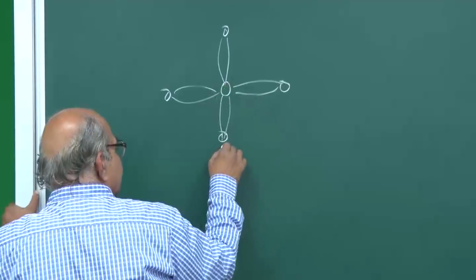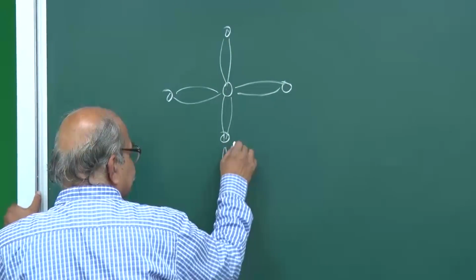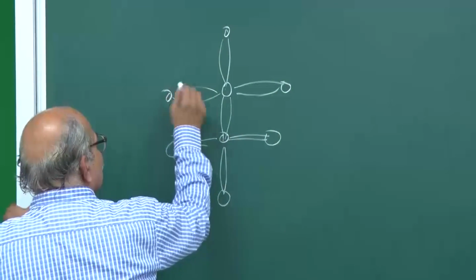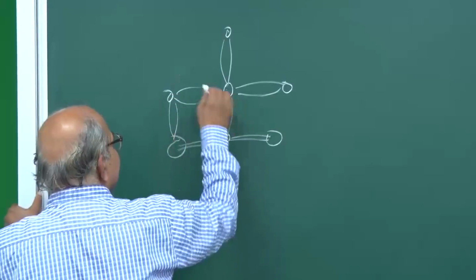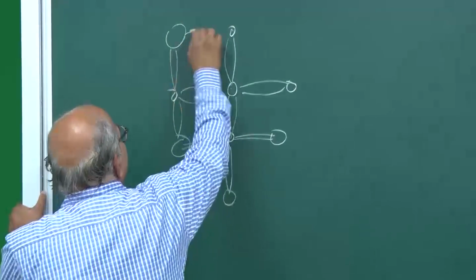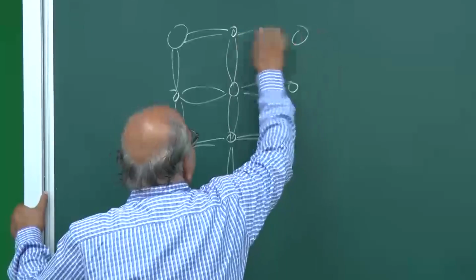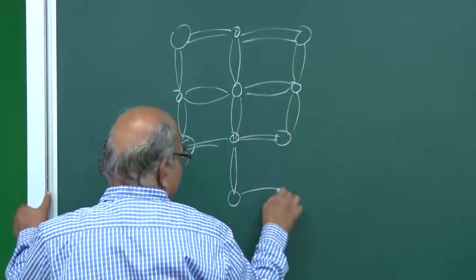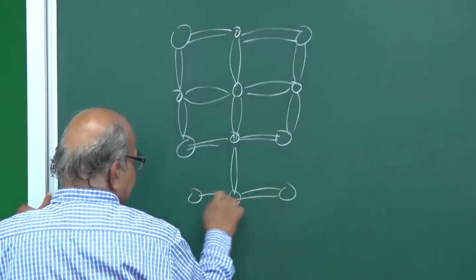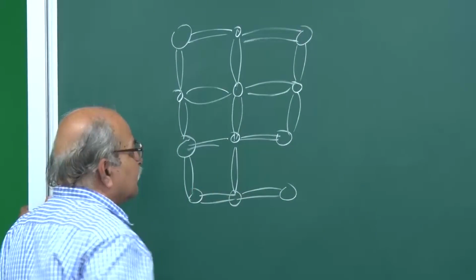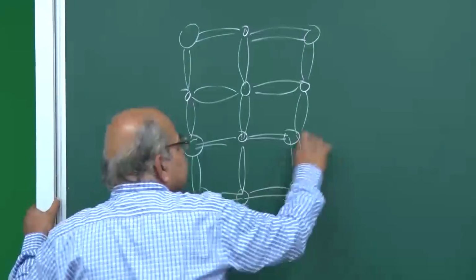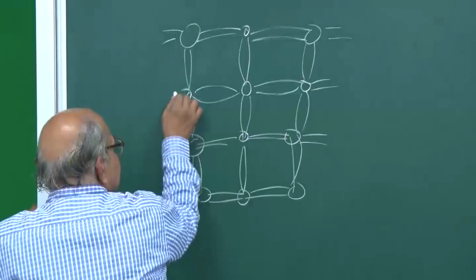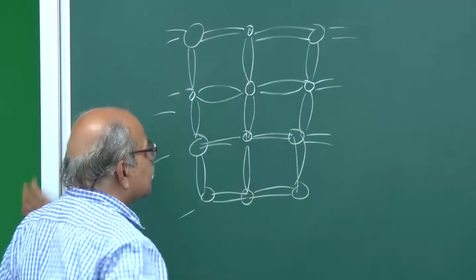Remember, our board is 2-dimensional and therefore I am only drawing this 2-dimensional diagram. The real crystal has that diamond structure, that tetrahedral symmetry that I showed here.